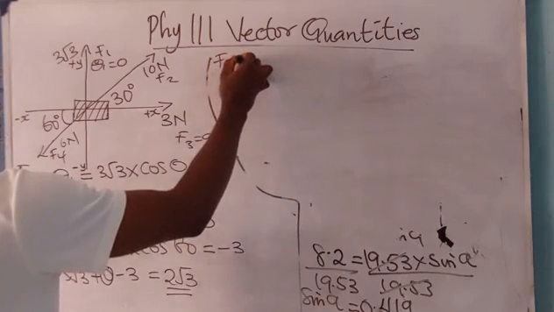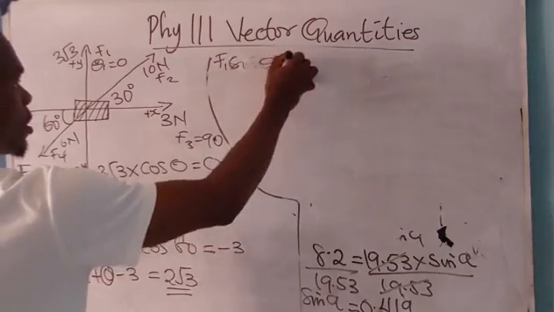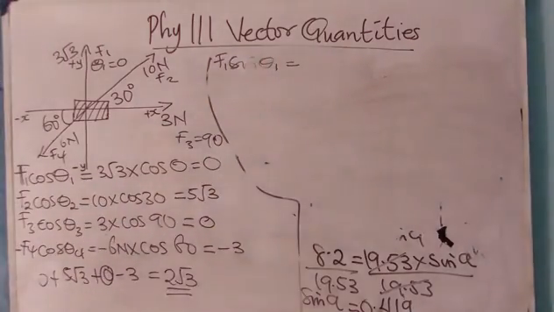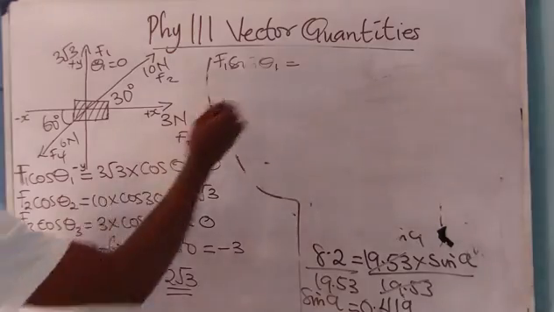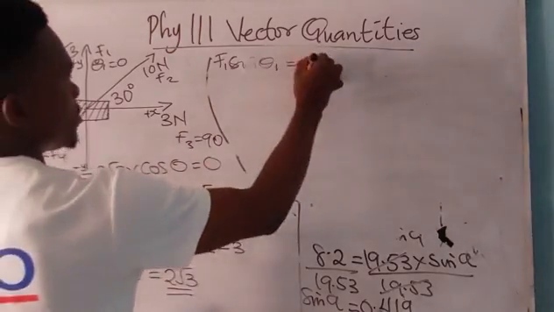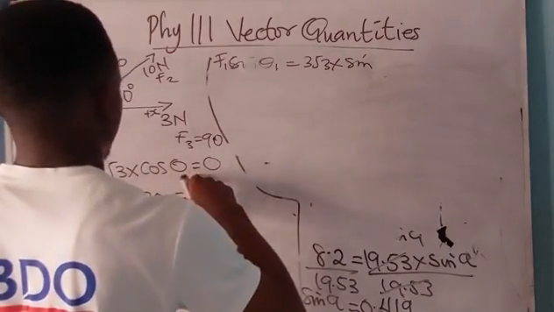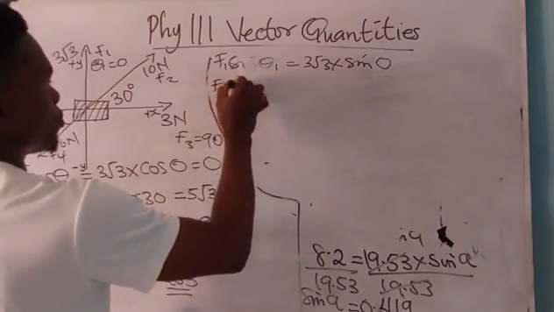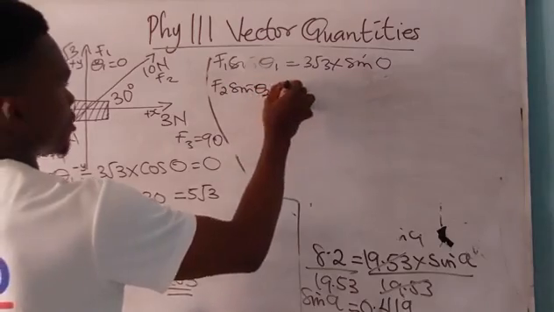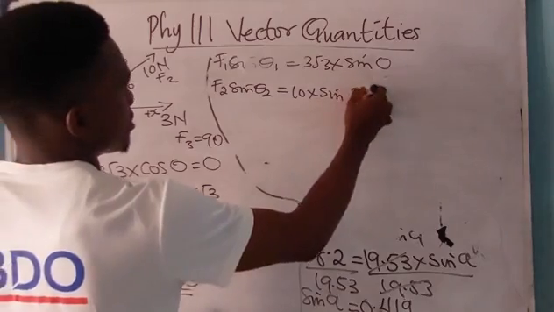So F1 sine theta 1 equals 3 root 3 times sine 0. Then F2 sine theta 2 equals 10 times sine 30.